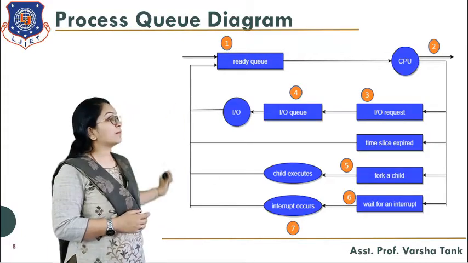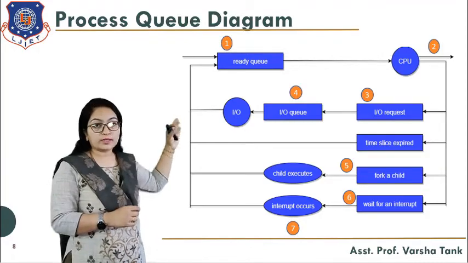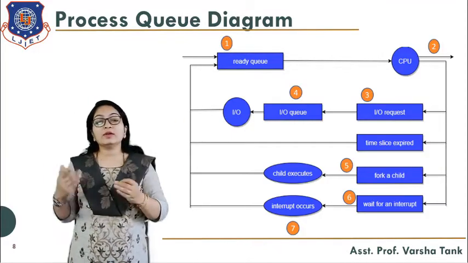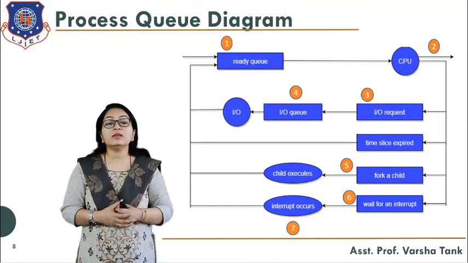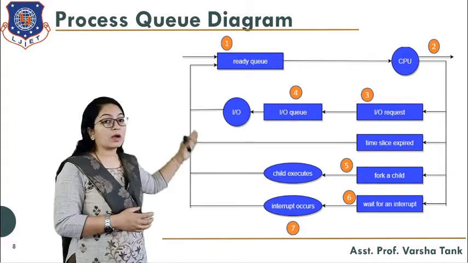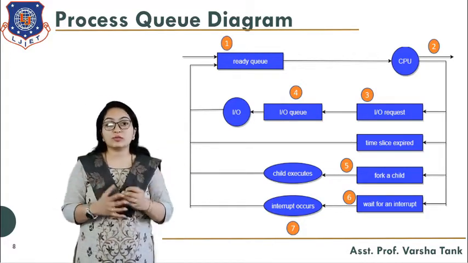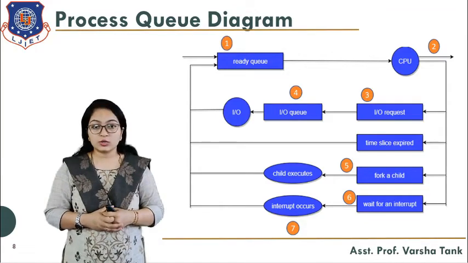So this way the process will continue according to its state, again go in the ready queue, again go in the block state, as we have seen in the process diagram. So the same thing is over here. According to these different types of queue, the process scheduler will schedule the process for execution.